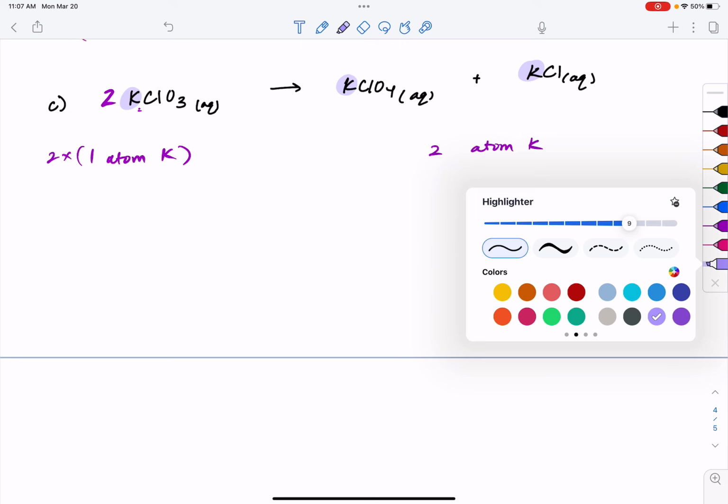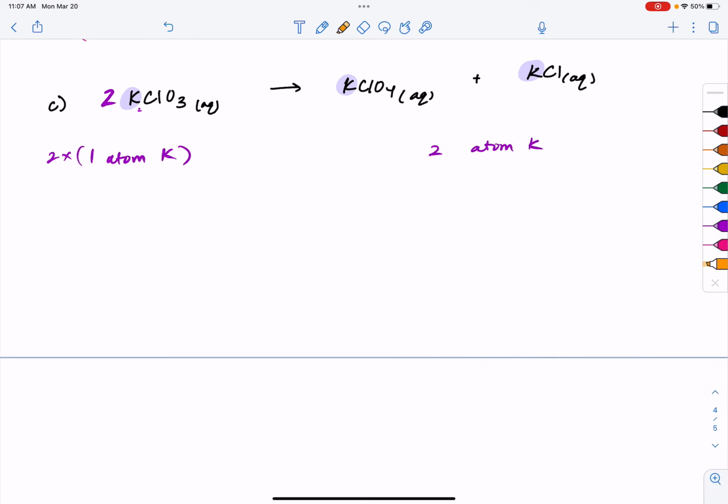Okay, let's do Cl. So I have only 1 chlorine atom per KClO3 molecule. However, I have doubled the amount of KClO3 molecules, meaning I now have 2 atoms of chlorine on my reactant side.